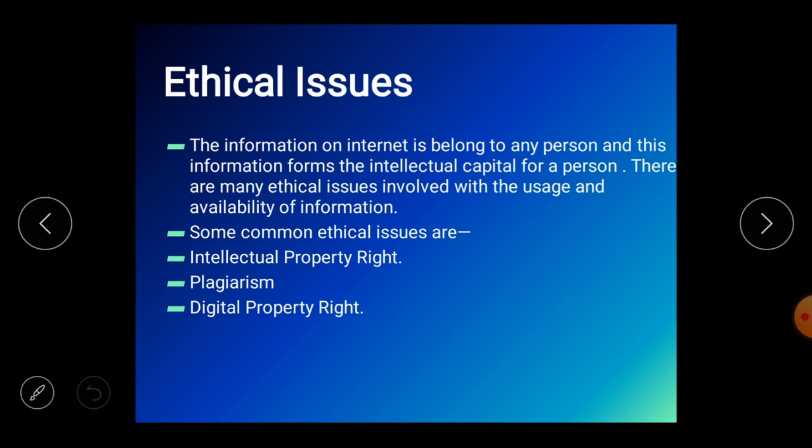This is a very simple name that we are all familiar with. So ethical issues are almost related to piracy. When we are talking about ethical issues, indirectly we are talking about the term piracy.